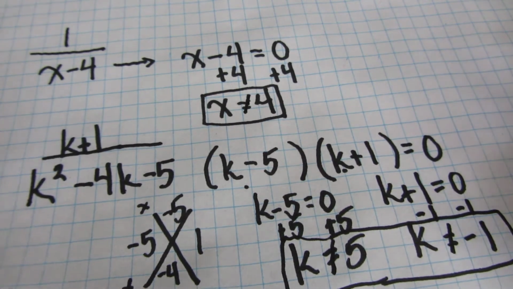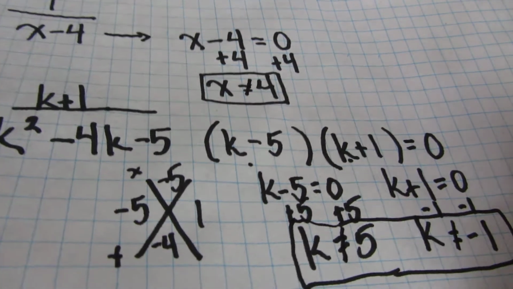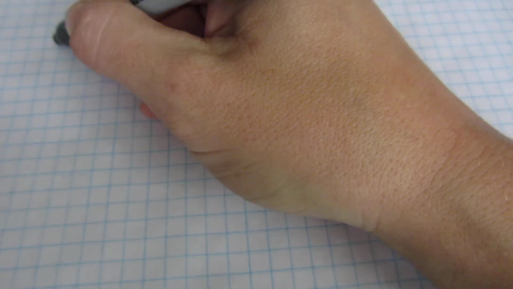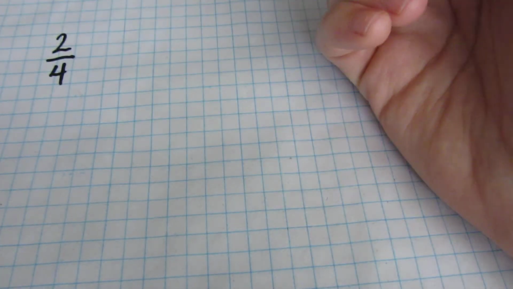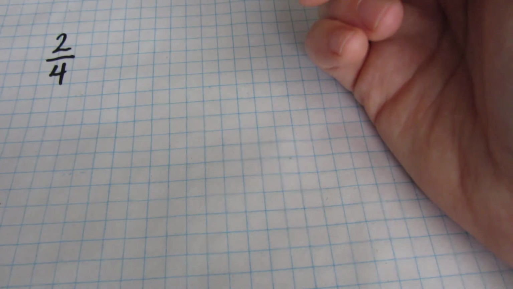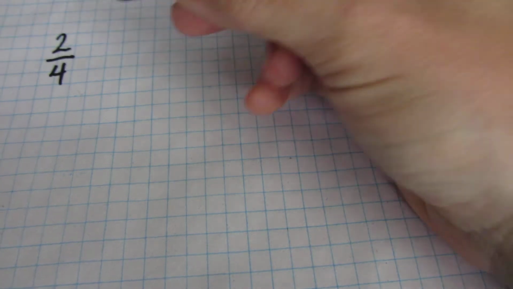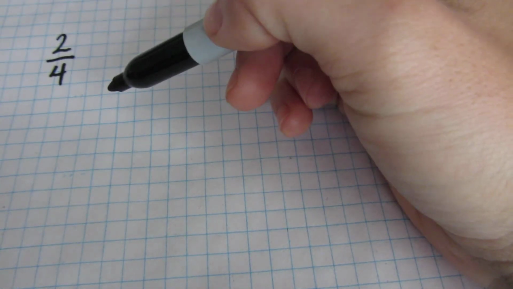Okay, let's talk about actually simplifying rational expressions. Let's start with a simple fraction that we all know how to do. Let's do 2 over 4. Well, we all know how to simplify that rational expression, which it technically is rational because it's a fraction of a over b, and b does not equal 0.